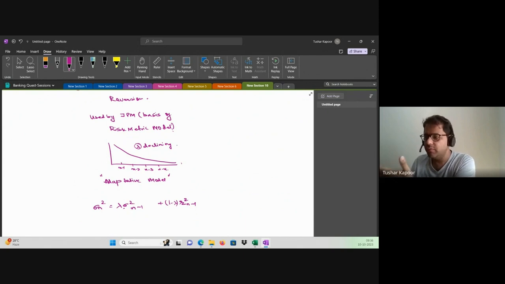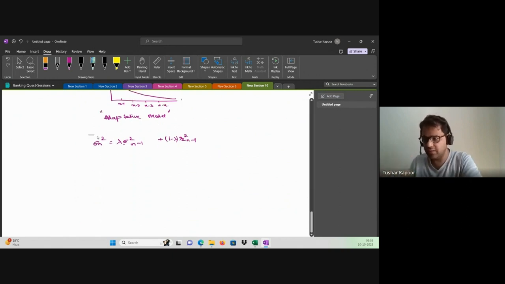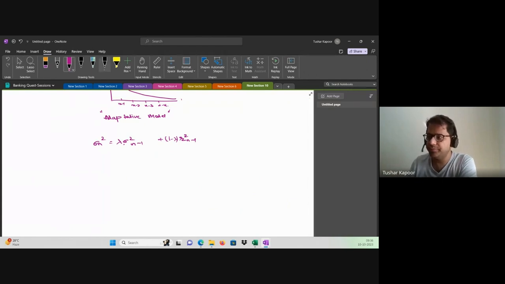Now, when we come to EWMA, that is where the equation is articulated like this, wherein it says that the variance, not the volatility, but the variance today is determined by the variance which is observed for yesterday, standard deviation square n minus 1, plus the returns from yesterday.